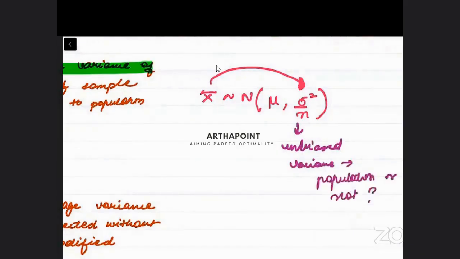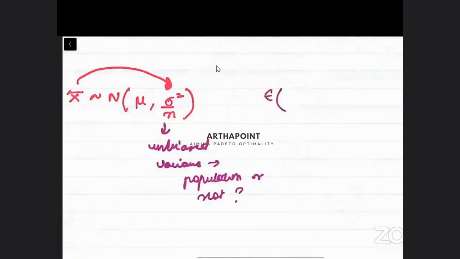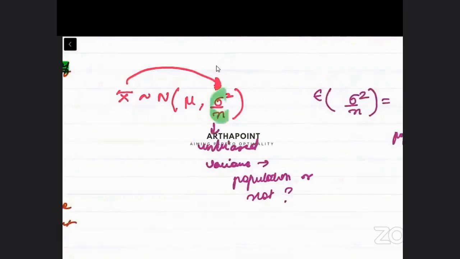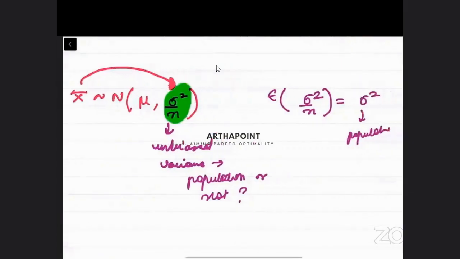The answer is yes. If I find the expected value of sigma square by n, I will simply get sigma square of the population. That means this sigma square by n is an unbiased estimator of the sigma square of the population.